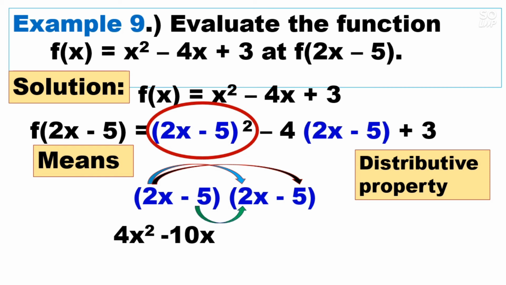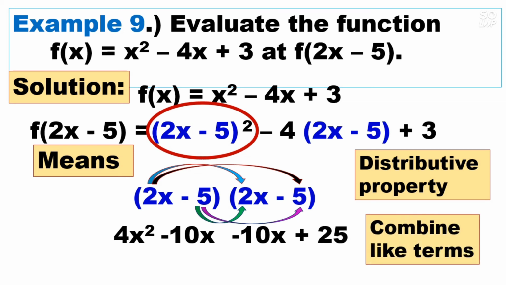Then, negative 5 times 2x is negative 10x. And then, negative 5 times negative 5 is positive 25. Then, combine like terms. So, we combine negative 10x and negative 10x. So, 4x squared, negative 10x plus negative 10x, the answer is negative 20x plus 25. Okay, so let's continue.